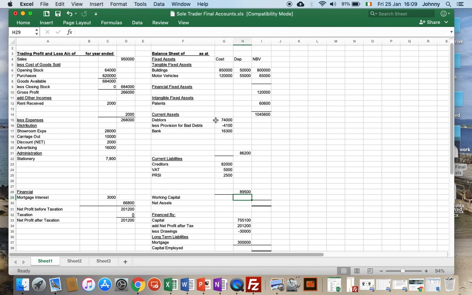And then what we do is, I've put my current assets in the left column, current liabilities in the left column. I add them, they go into the middle column. I take the two of them away, and that gives me my working capital. So I got a minus number for working capital, and I'll be adding it to the total of my fixed assets. So in this case, because it's a minus number, I'll be taking it away.